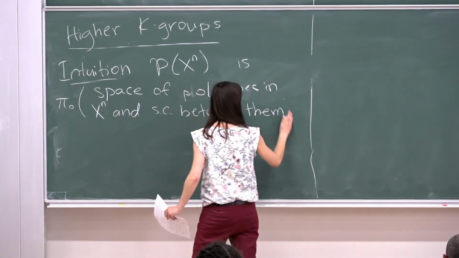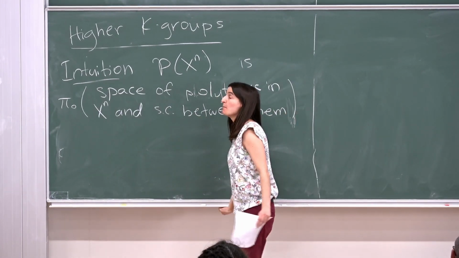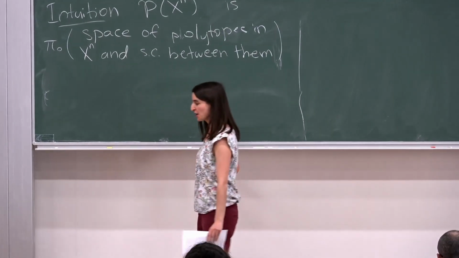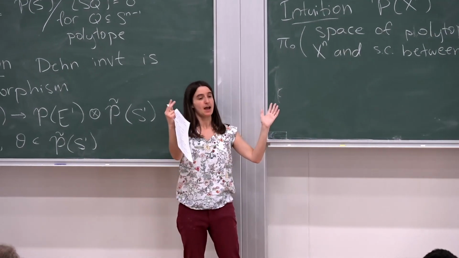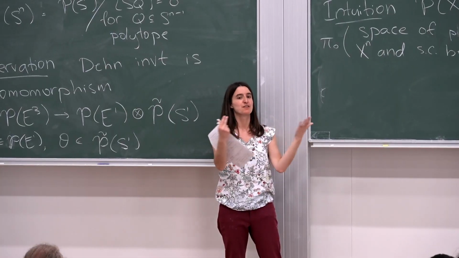When we're modding out by the relation of scissors congruence, it's like we're identifying points whenever they have a path between them.